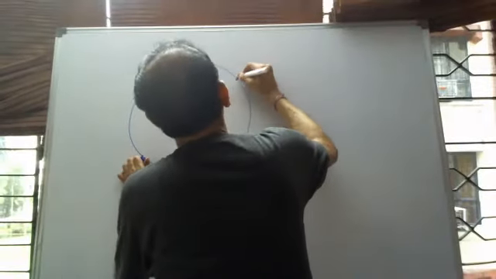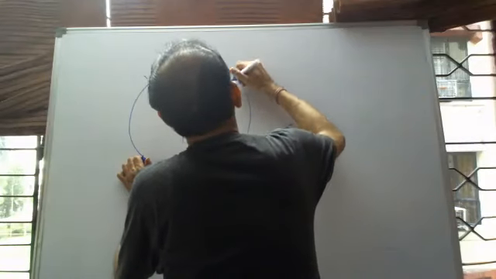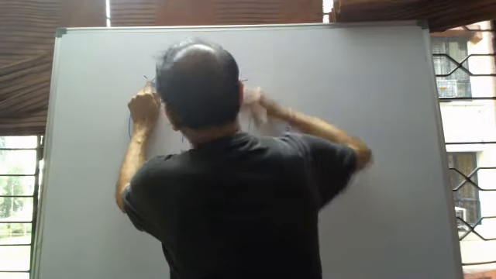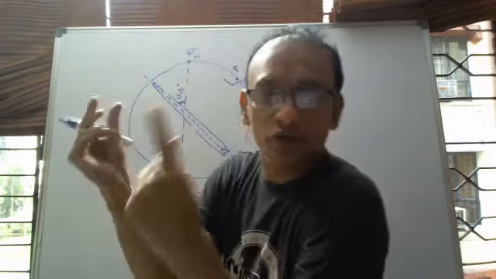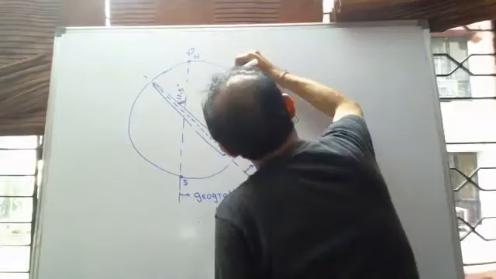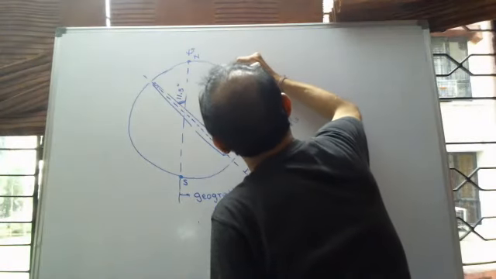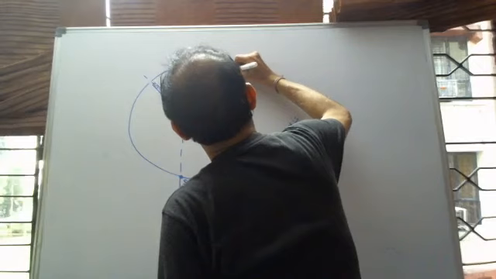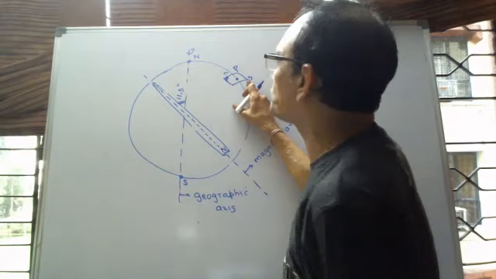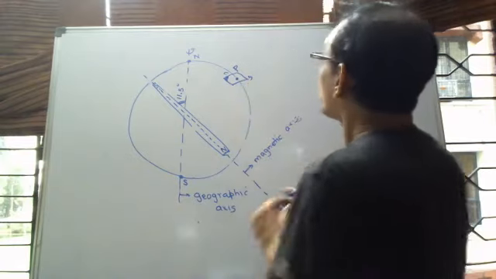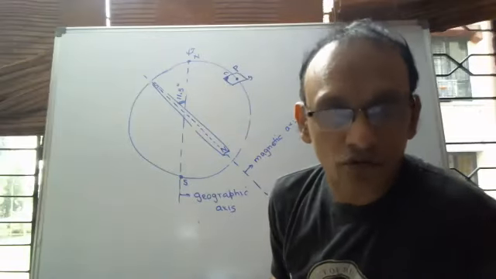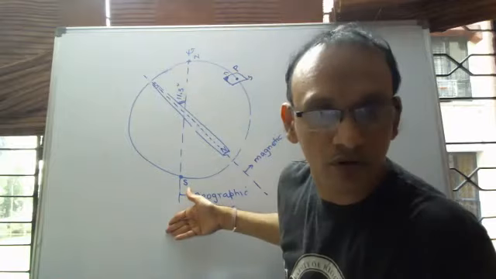If you are at a point P on the surface of the Earth and you have your needle, if you have a magnetic needle with its north pole here and south pole here, this magnetic needle's attraction will be towards a magnet, towards the north pole and the south pole, right?